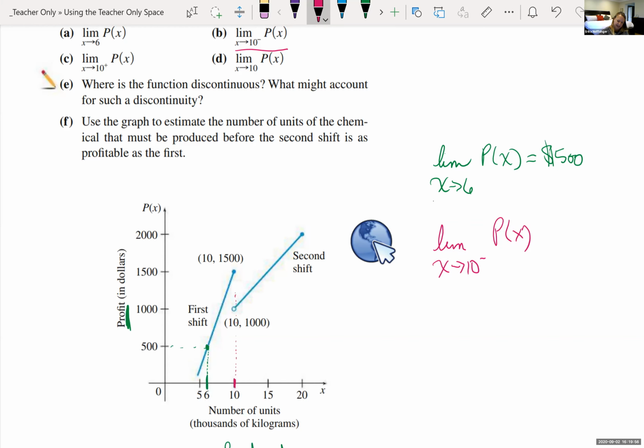The left-hand side is this one here. And so if we're coming in on the left, getting closer and closer to 10, our P of x value is looking like it's 1,500. So this is equal to $1,500 of profit.